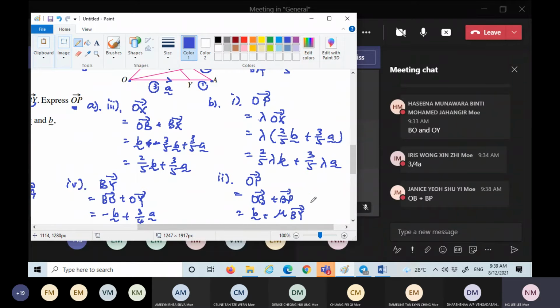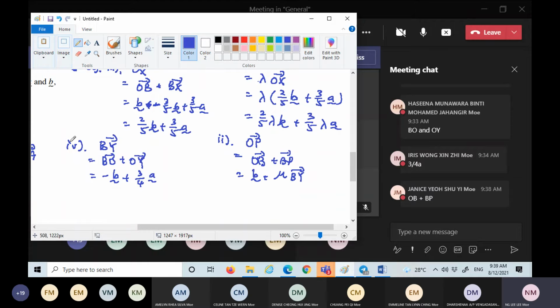Next, do I have BY? Yes, part 1, number 4. BY is here, so you just replace it with that answer. Mu, minus, plus. After that, expand and then combine. 3/4 mu.